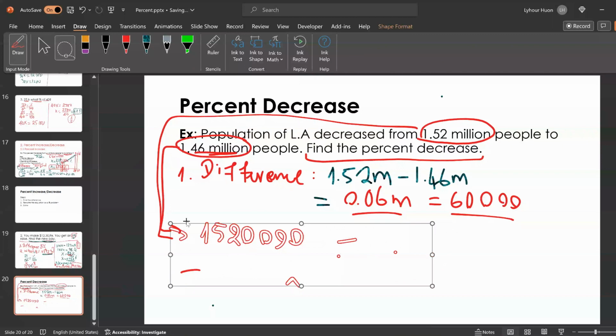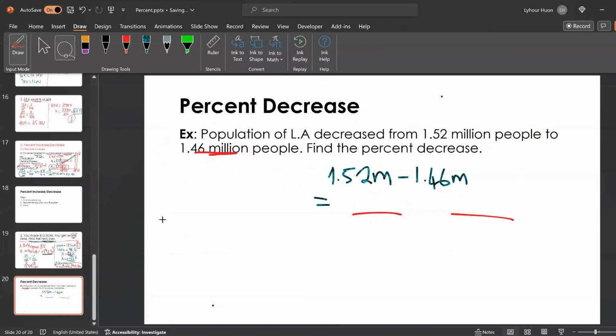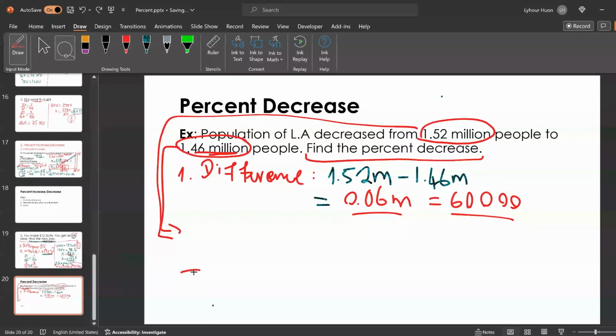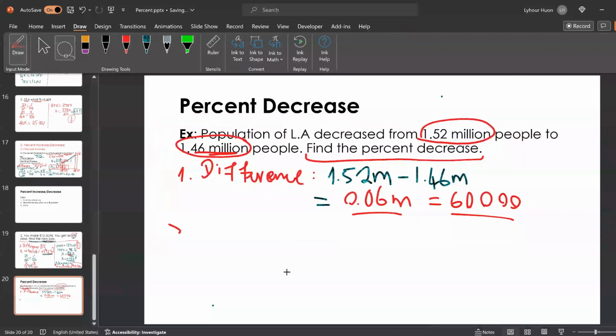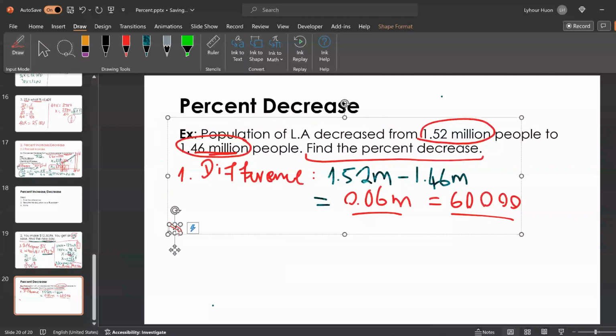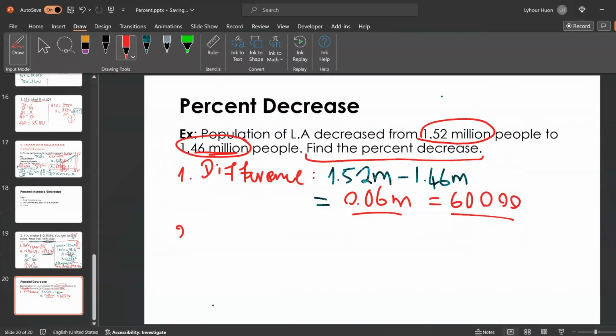Let me erase these. Okay, now the difference is here. The second step is we rewrite it as a percent problem. How do we write it as a percent problem?